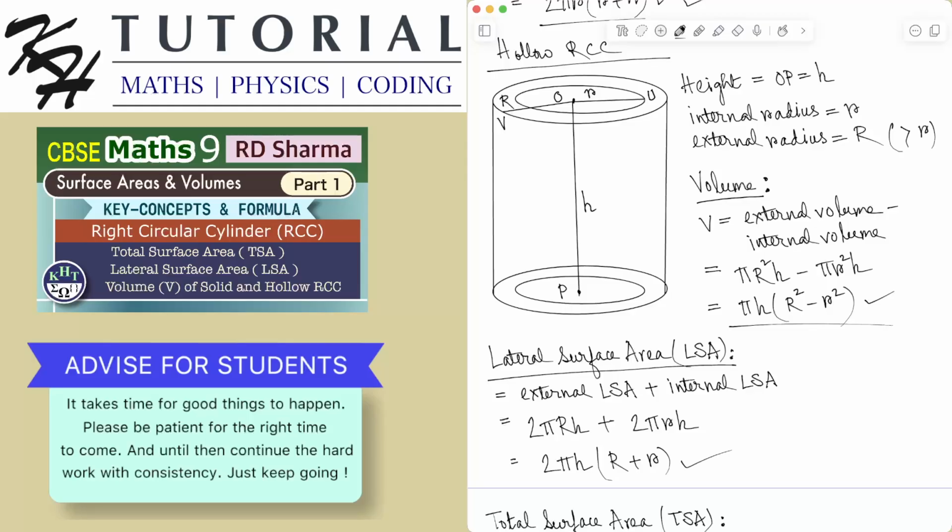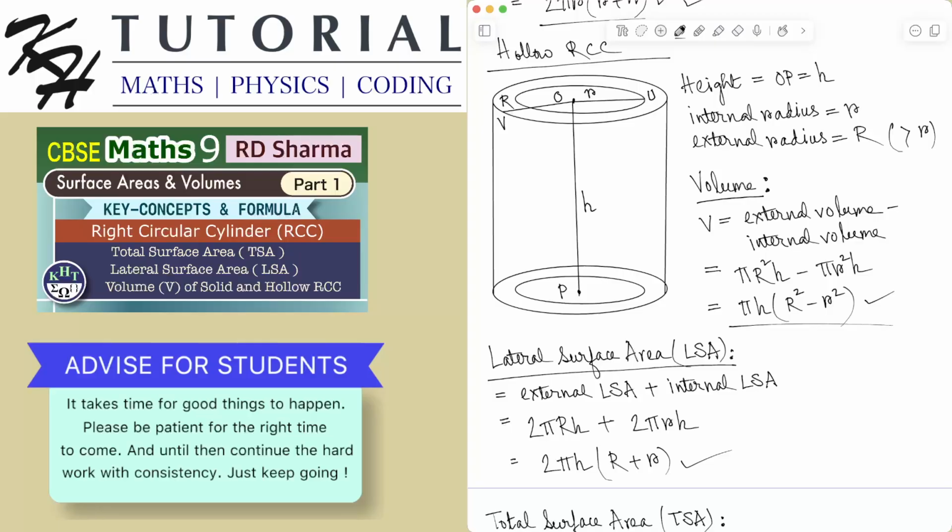Now this formula also, it is not a hard and fast rule that you should remember this. You must understand what exactly is the lateral surface area of a hollow RCC. It is the sum of the external curved surface plus the internal curved surface. What is external curved surface? External curved surface is the curved surface of a solid RCC having radius equal to capital R, that is the external radius of the hollow RCC.